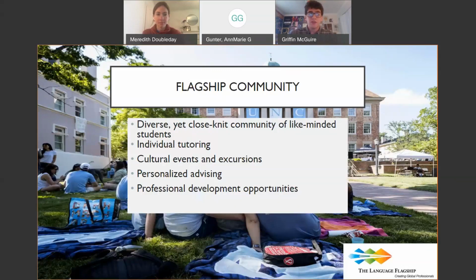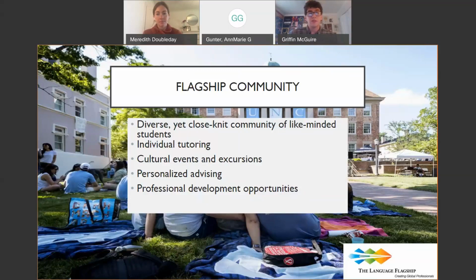Personalized advising, professional development opportunities. The staff and faculty of the Russian Flagship Program are there to help you on your academic journey in all sorts of ways, through your classwork, through your language learning abilities. And in addition to that, we have resources available to help you find internships where you can use the Russian language.